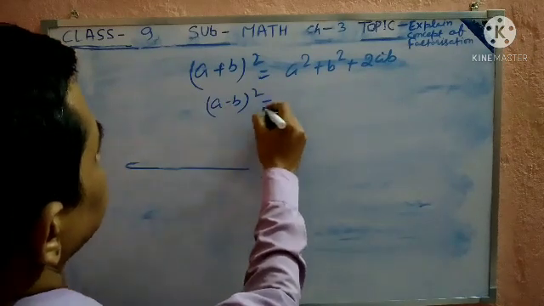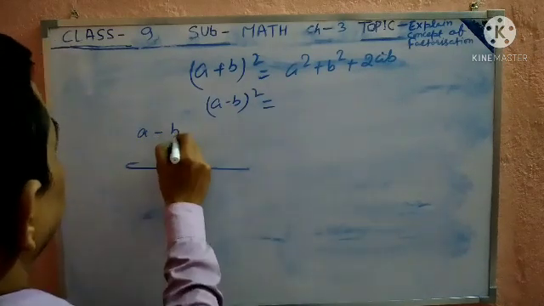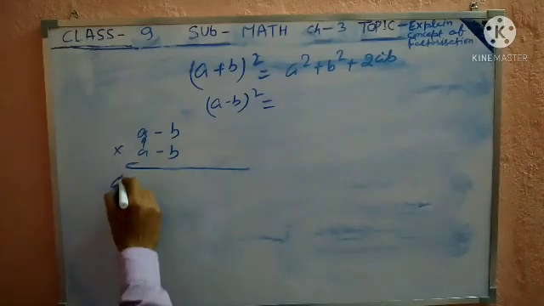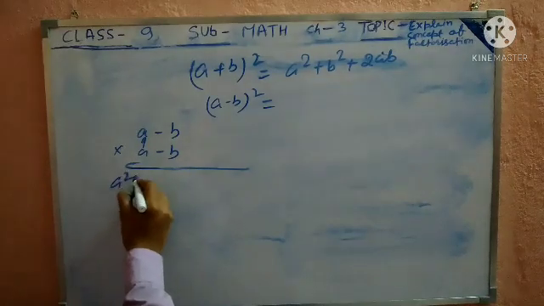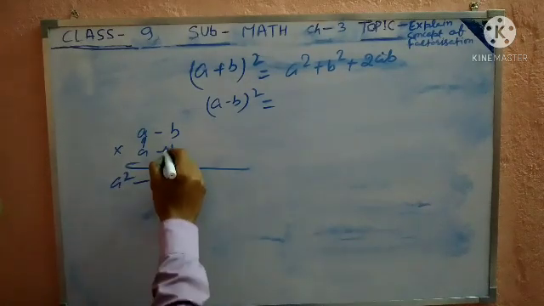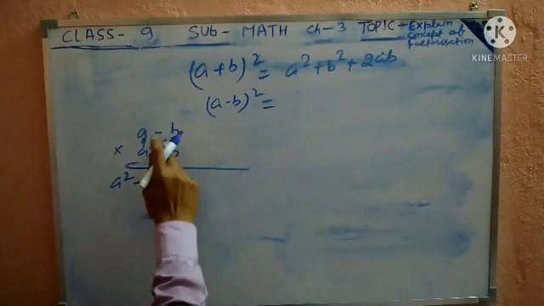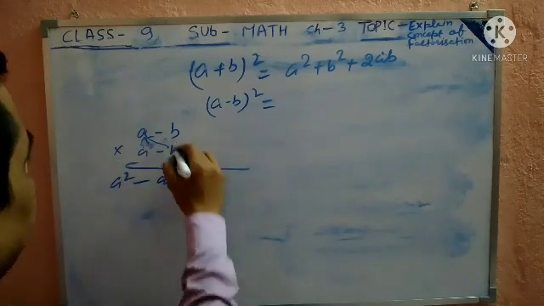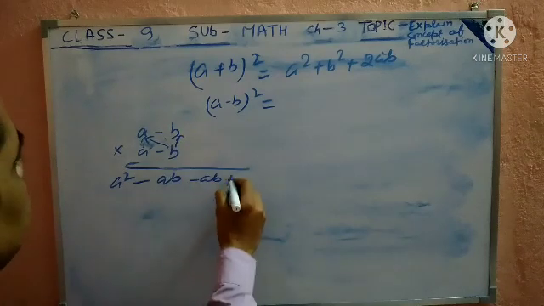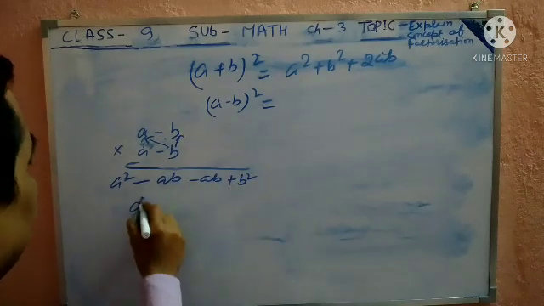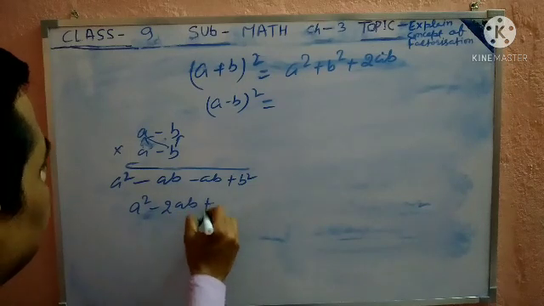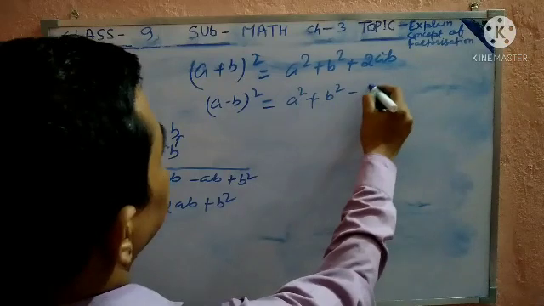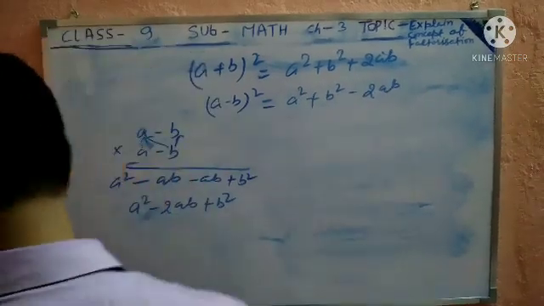That is a minus b and a minus b multiplied: a into a, a square, plus into minus, minus ab, and another term, a into b with plus into minus, minus ab, and minus into minus plus b into b, b square. So a square minus 2ab plus b square, that is a square plus b square minus 2ab.